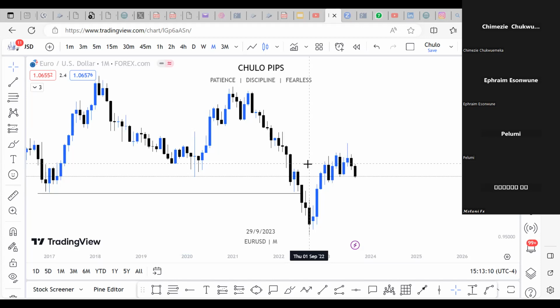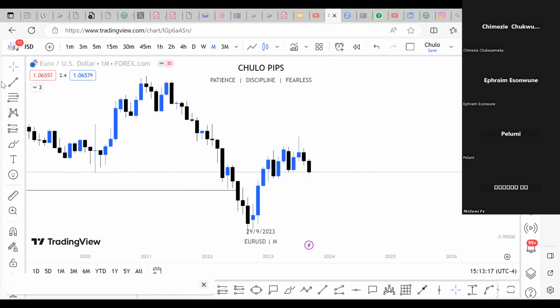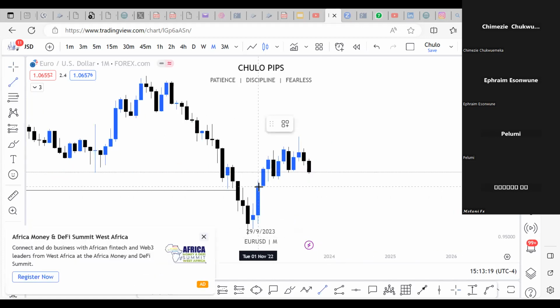But before that movement will take place, we need to see a confirmation, which is our monthly draw on liquidity here. So I'm expecting price to drop down to this monthly FVG here before we see another up movement on EUR/USD. So this monthly FVG needs to be filled up.